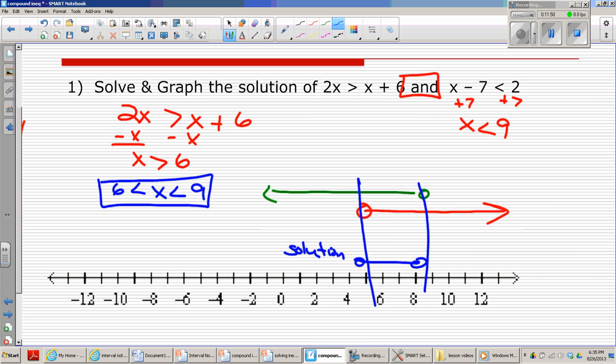Smallest value always goes on the left. Largest value always goes on the right. The x is in between. If we were using interval notation, we would have the smallest value up to the largest value 9. Since they are not equal, we would be using parentheses for the interval notation.